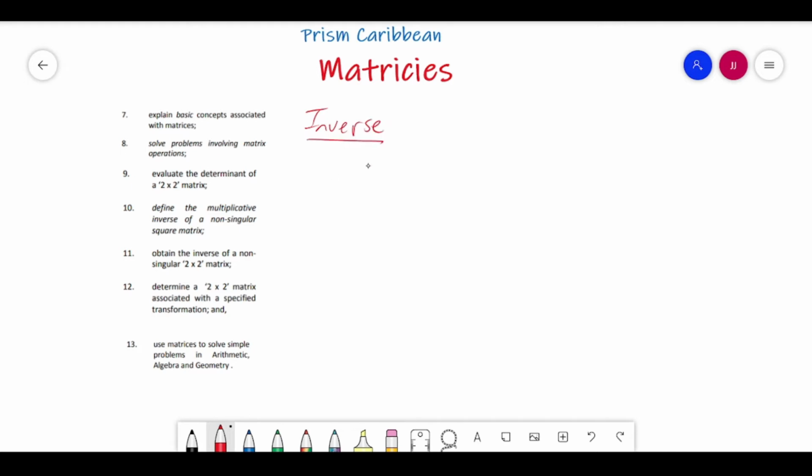So let's say we want to find the inverse of 3, minus 2, 4, and 1, right? That's the matrix we want to find the inverse of.